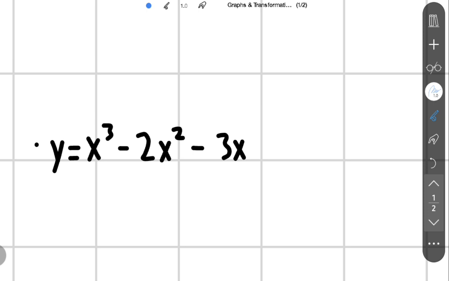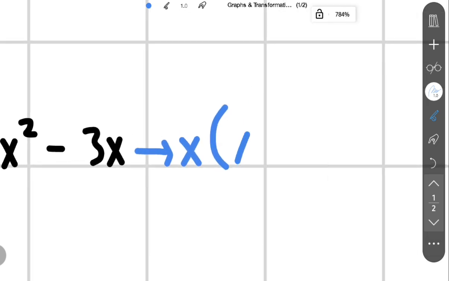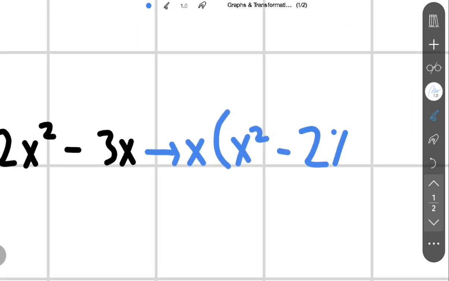We could just take x as a common factor. You don't need to do this, by the way, you could just do it in the calculator straight away, but this is just for yourself. You have x squared minus 2x minus 3. And now you can get the factorization of x squared minus 2x minus 3.